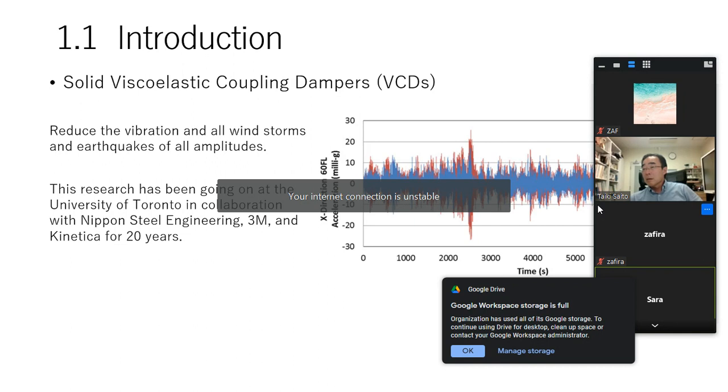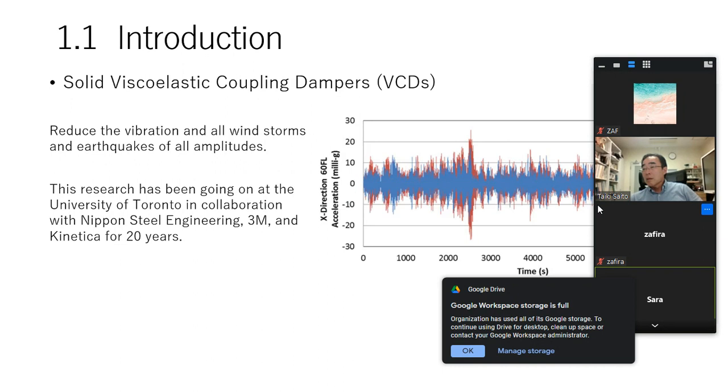From this picture, we can see the damped structure compared with the undamped structure, where the amplitude is larger. This research has been going on at the University of Toronto in collaboration with Nippon Steel Engineering, 3M, and Kinetica for 20 years.